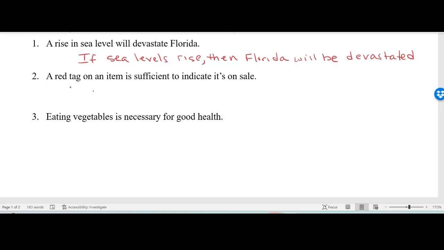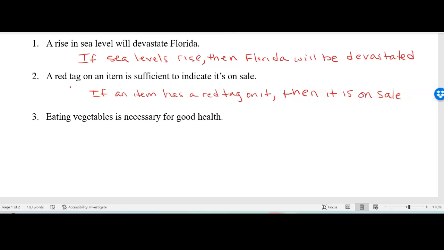In other words, if an item has a red tag on it, then it is on sale. There's your condition, right? If it has a red tag, then it is on sale.